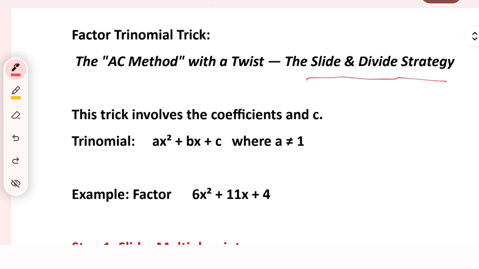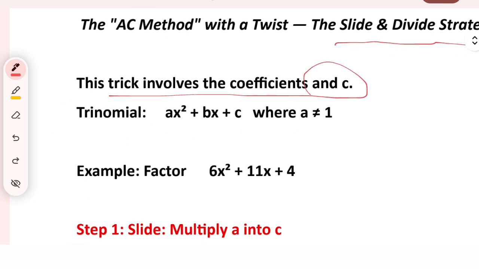Let's apply and try this trick in factoring a trinomial. This is easy, trust me. As I've said, the trick involves coefficients A and C. If we have a trinomial, ax squared plus bx plus c, the a is the coefficient of x squared, and the c is the constant.